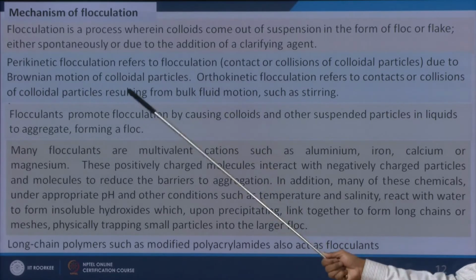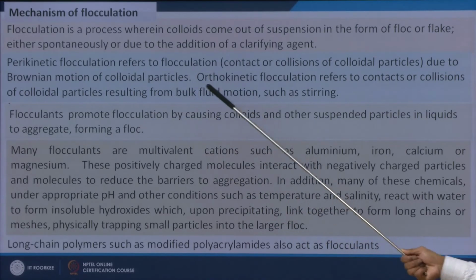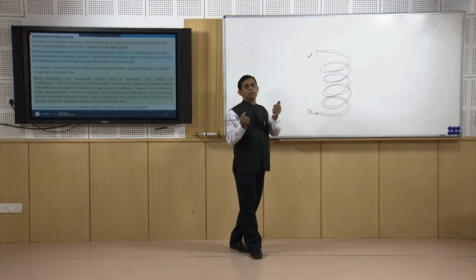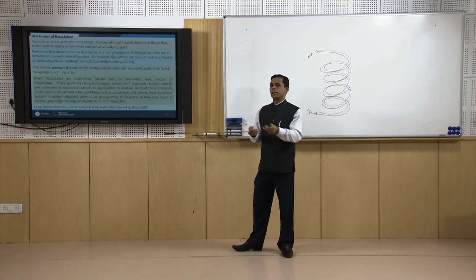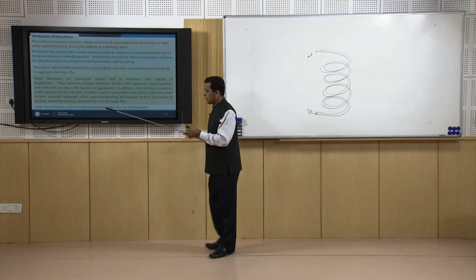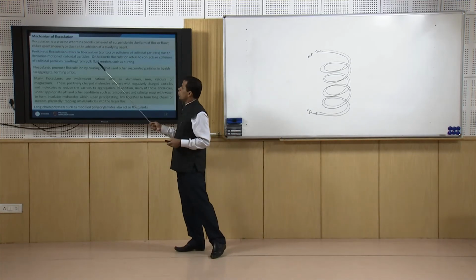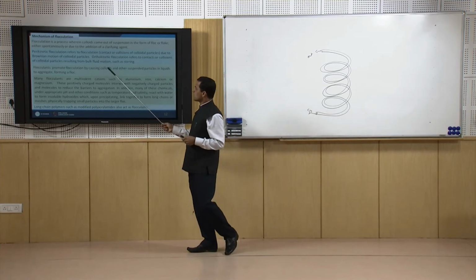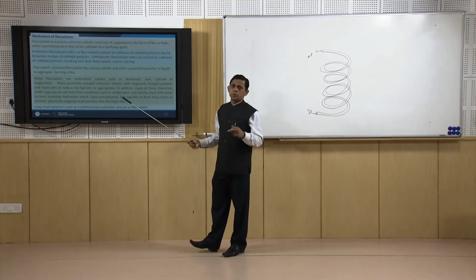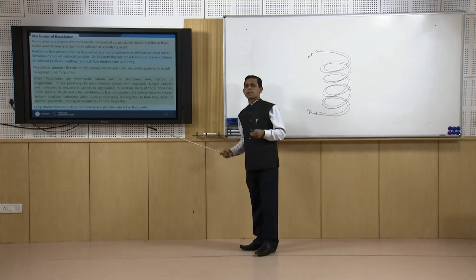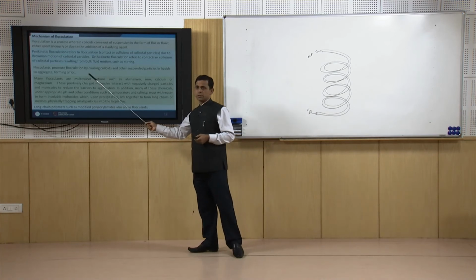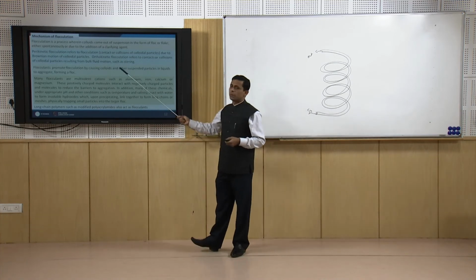Perikinetic flocculation refers to flocculation due to Brownian motion of the colloidal particles. So, colloidal particles will be moving and colliding with each other, and aggregation will take place, and orthokinetic means some slight agitation is required. Apart from this we need to add some chemicals in some cases, those are called flocculants. So, this is practically used for the separation of the algal biomass.